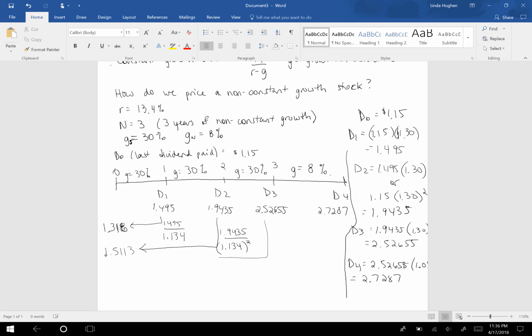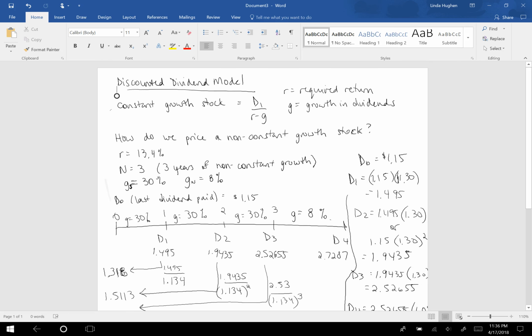D3, we discount 2.53 at 1.134 cubed because we're going back 3 periods.